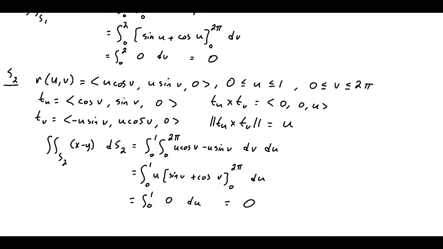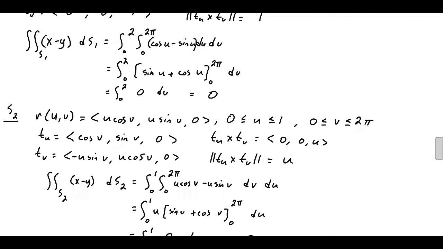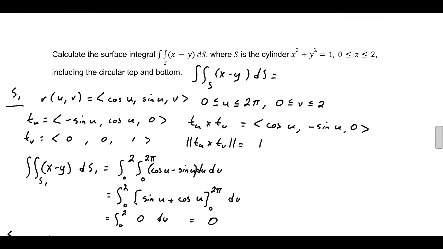And it actually means our whole integral is going to be identical. So that third surface, the top of this, is equal to 0. The surface integral over that is equal to 0, which means the double integral over the surface S of the function x minus y is equal to 0 plus 0 plus 0, which is equal to 0.